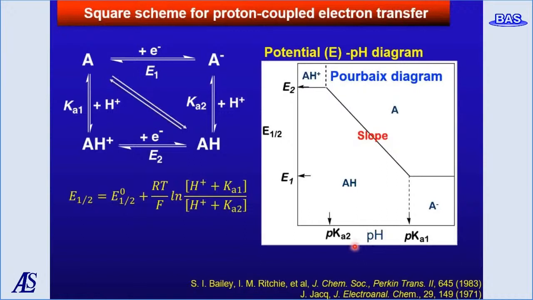At higher pH regions, the peak potential does not change again with increasing pH. The inflection point corresponds to pKa1. Therefore, the Pourbaix diagram provides important information about thermodynamic parameters of the redox-active species.